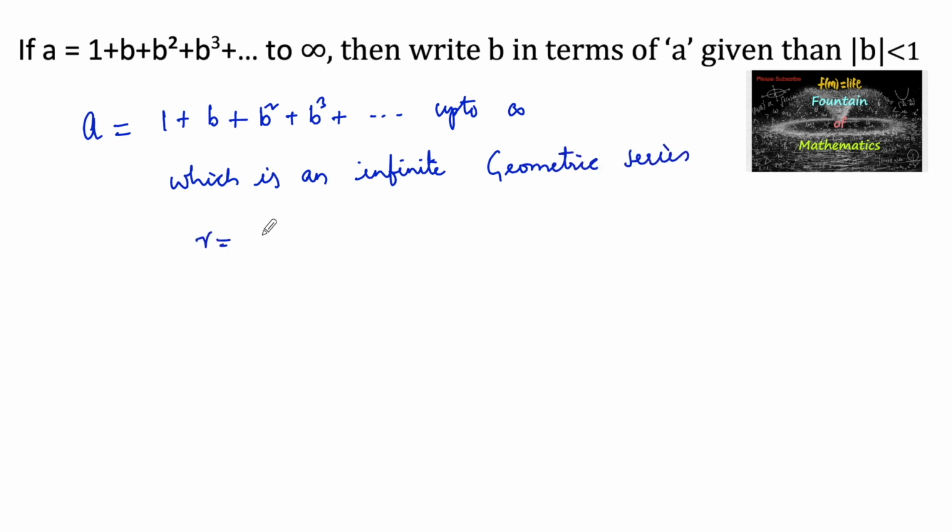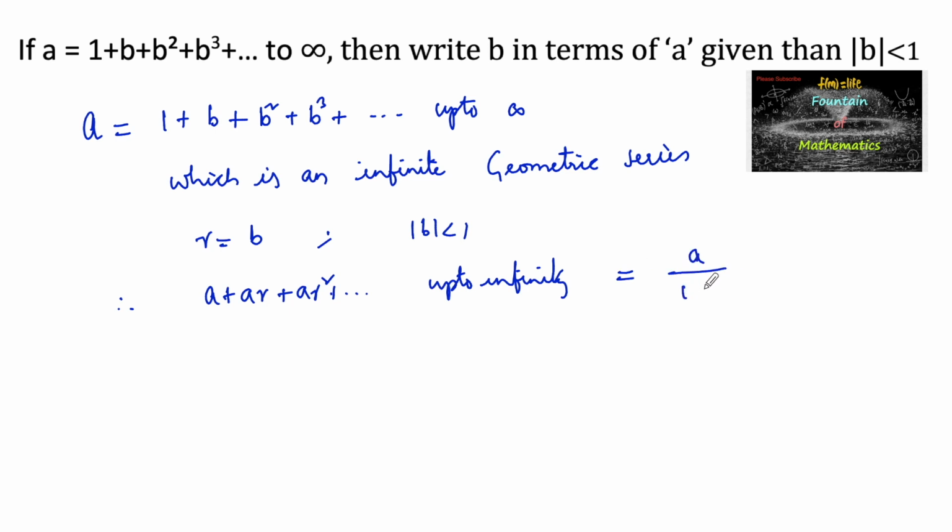Its common ratio R is equal to B, where mod B is less than 1, since we know that for the geometric series A plus AR plus AR square and so on up to infinity, the sum is A upon 1 minus R when mod R is less than 1. This is the formula we have for the infinite geometric series where mod R is less than 1.